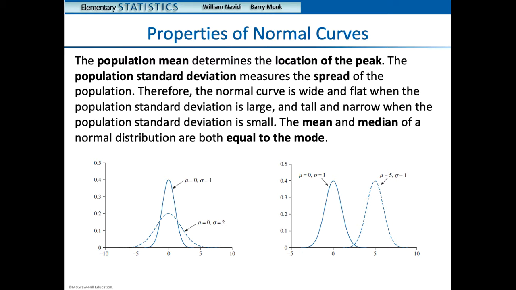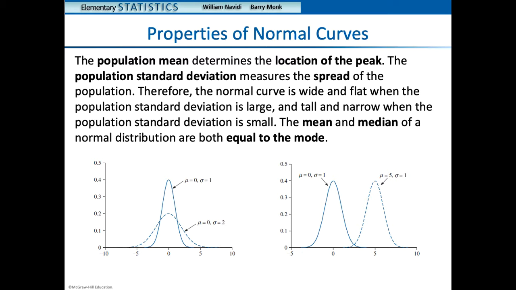A normal curve is defined by its mean and its standard deviation, right? We discussed earlier in the class how a random variable can have a mean and a standard deviation, and a normal curve is one way of representing a random variable, right? Which means that normal curve will have a mean and a standard deviation. The mean is always the number that the curve is centered over, right?